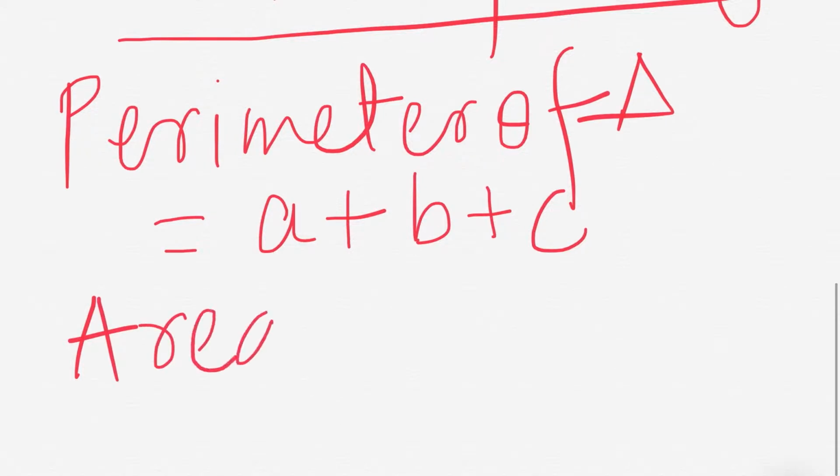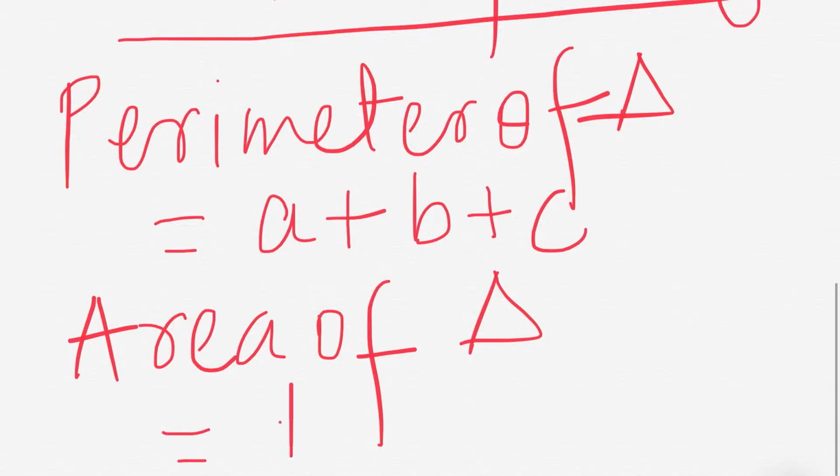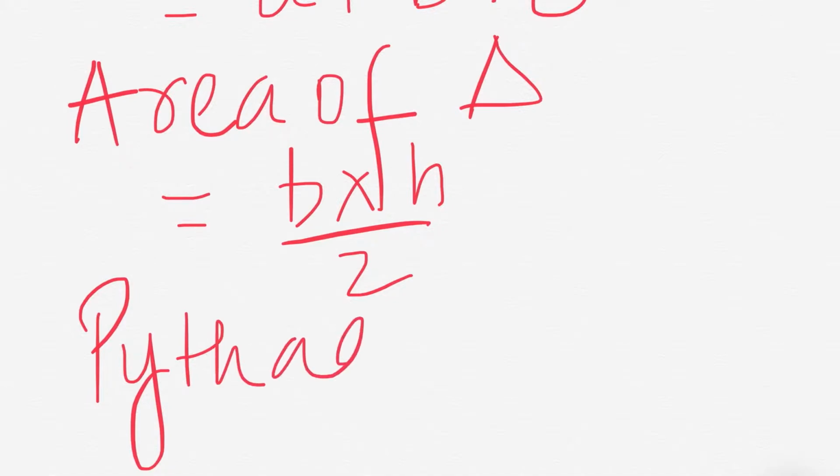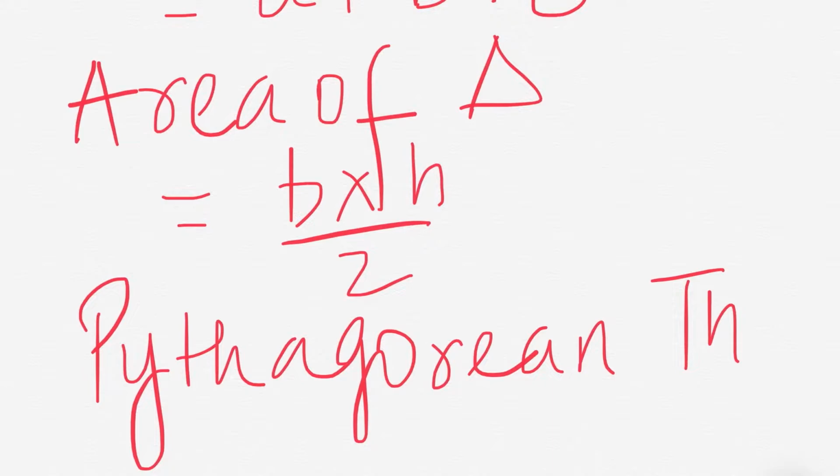Area of triangle, which is equal to base times height divided by 2. And the Pythagorean theorem, a square plus b square is equal to c square.